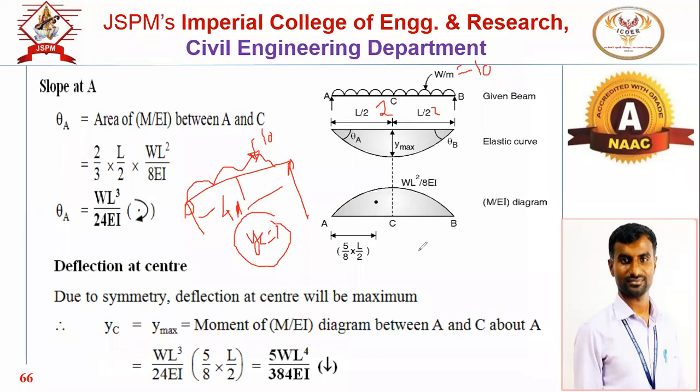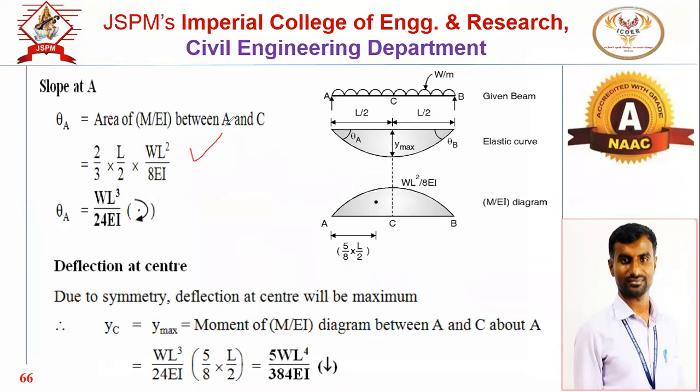For standard cases, what I mean to say: simply supported beam subjected to a central point load, eccentric point load, UDL on entire span, cantilever beam with UDL on entire span, point load at free end. Remember the standard formulas, because in an online or MCQ type of examination, getting the correct option is important. How you are solving it, how you are performing the calculation, is not important. Getting the correct answer is important. So remember these standard formulas.